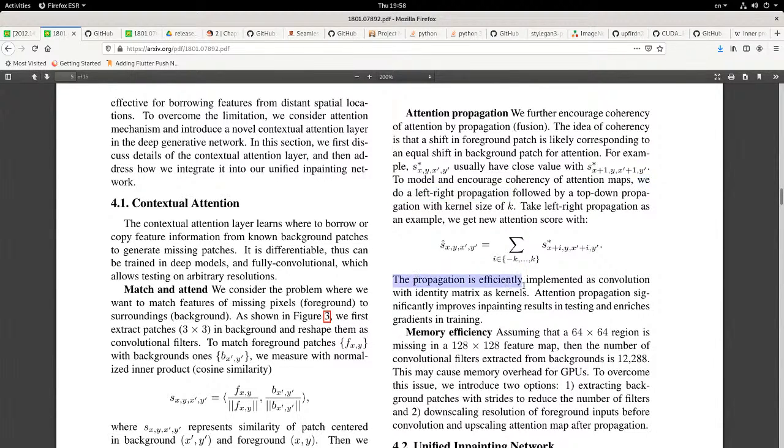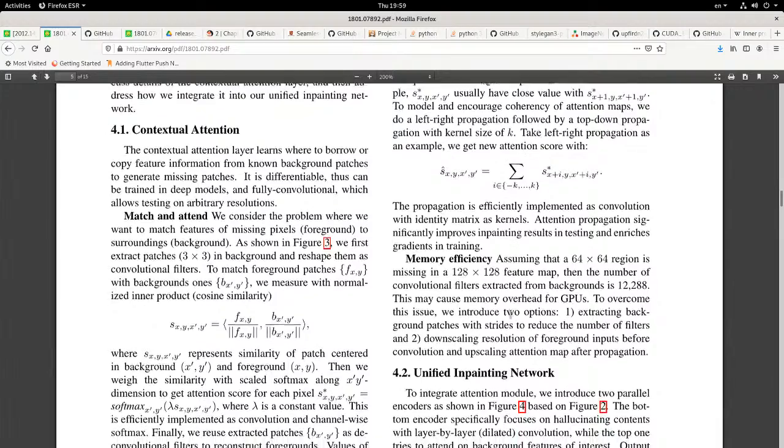Okay, the propagation is efficiently implemented as convolution with identity matrix as kernels. Attention propagation significantly improves in-painting results in testing and enriches gradients in training.